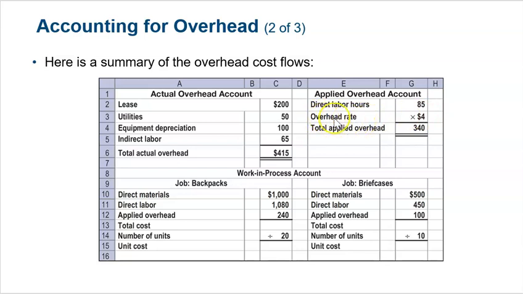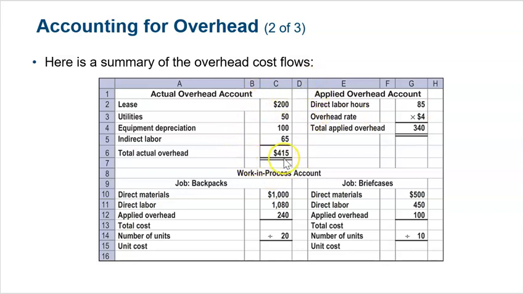If we drop down to this column, we've got our overhead rate of $4. And what we're saying is that in the amount of time that we incurred this overhead, we also had direct labor hours that totaled 85. So this might be for a month.